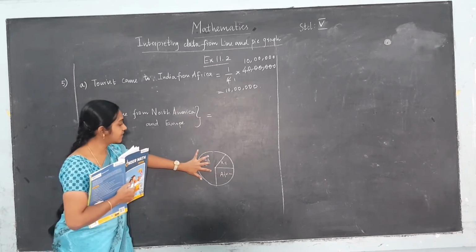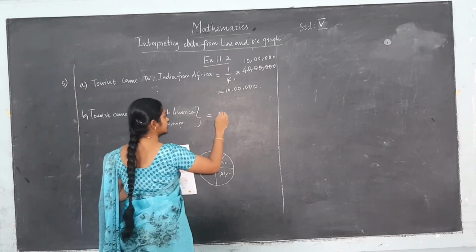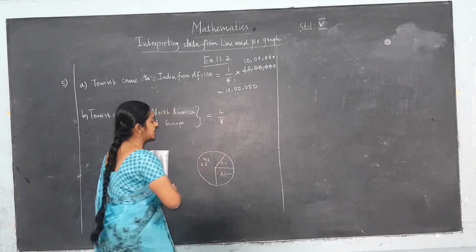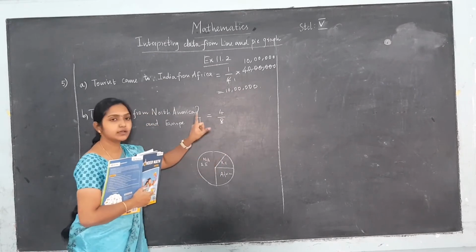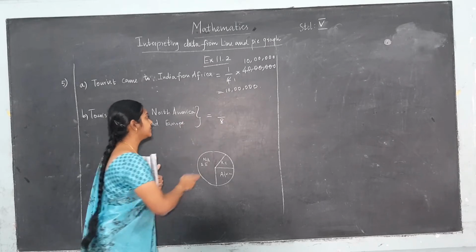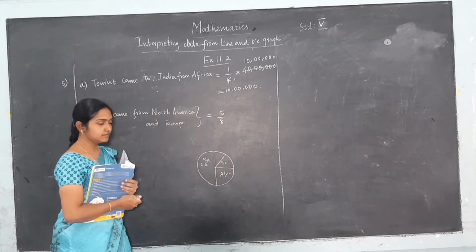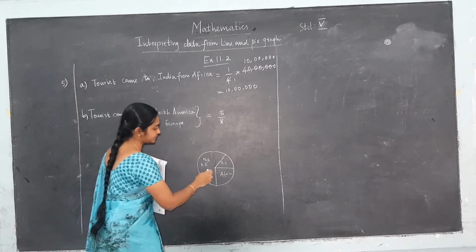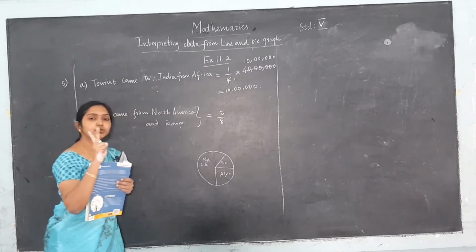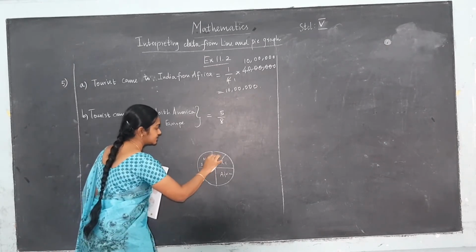In a half, we are having 4 parts of 1 by 8, and here we are having another 1 by 8 part. So, totally here we are having 5 by 8 parts. See here, in a quadrant we are having 2 1 by 8.